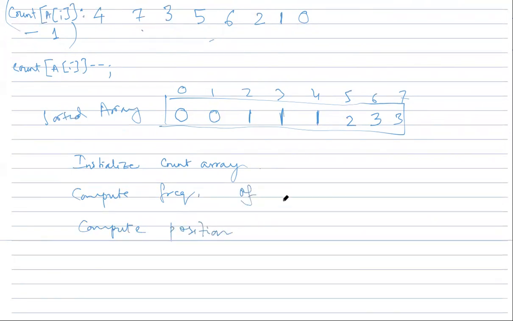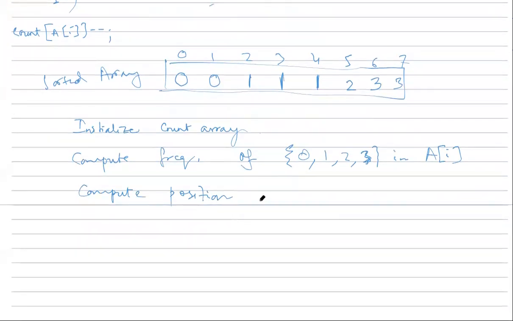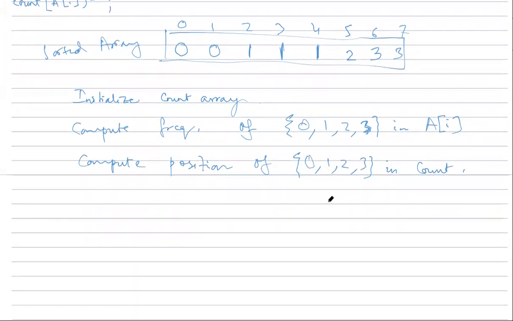So frequency of each of these 0, 1, 2, 3 in A of I. Then you compute the position of each of these 0, 1, 2, 3 in the count.